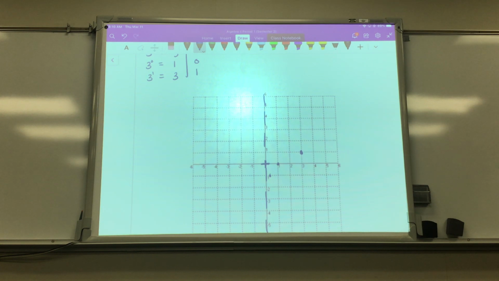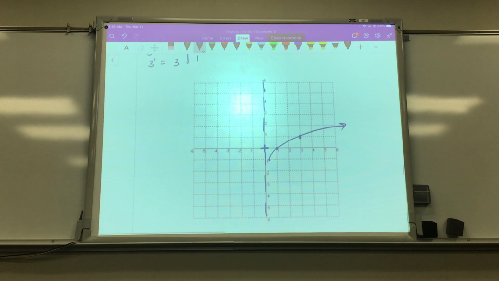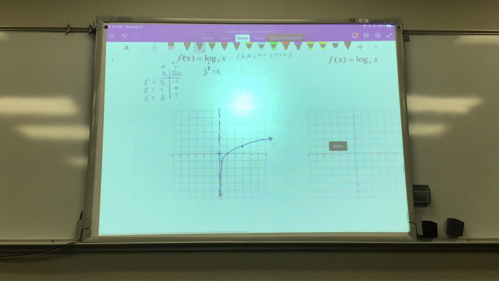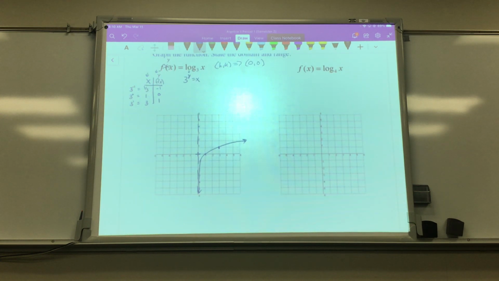And then again, the further we go along the asymptote, the closer and closer the graph is going to get. And once we get an h and k value, that's going to shift us left and right, up and down.